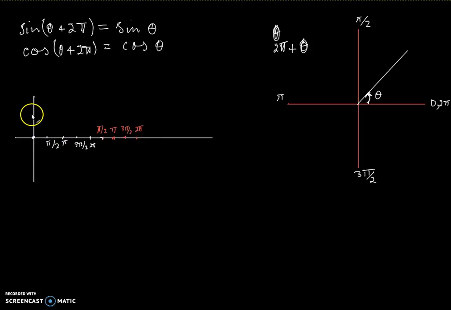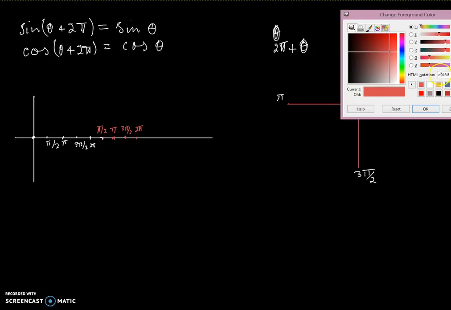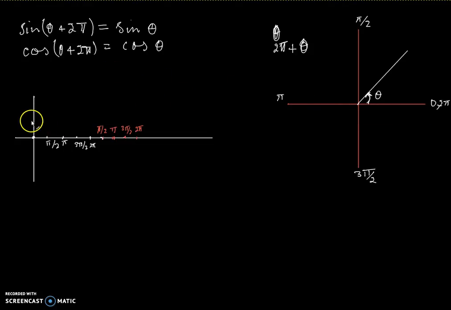And if, let's say, this is 1, and this is minus 1, and if f of x is equal to sine x or sine theta or whatever, then at 0 your sine is 0.